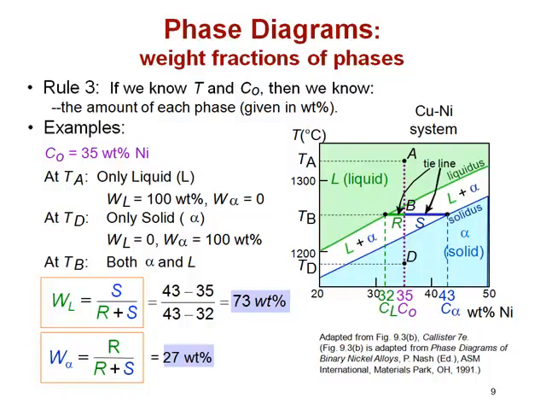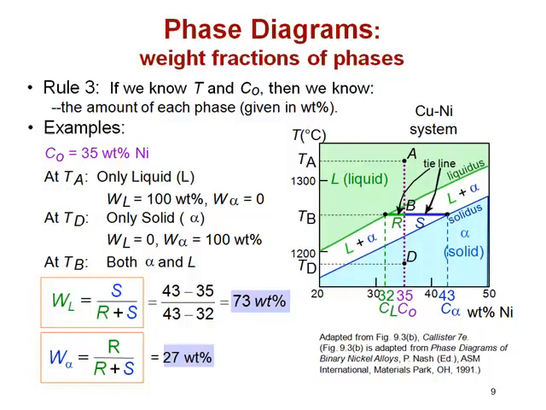From that point, you've got to draw a horizontal line and find the intersection of this line with the two curves, solidus and liquidus. Then everything else as I just explained. Look, at the top it tells you, if we know temperature and composition, this should be given to you. You got that?